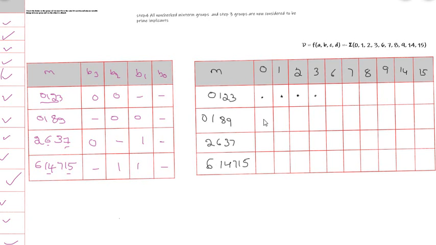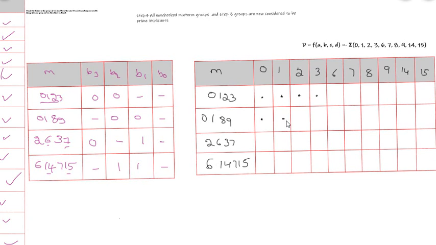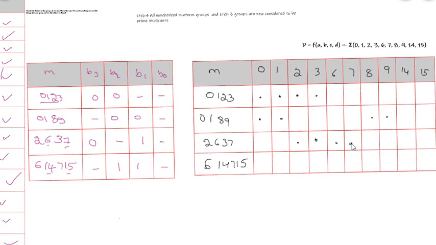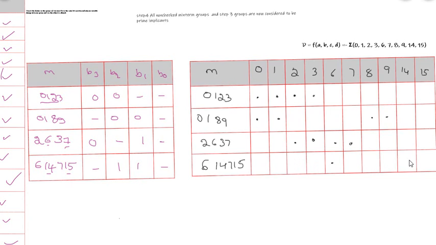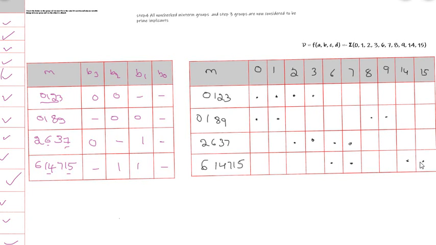For 0, 1, 8, 9, we mark 0, 1, 8, and 9. Next 2, 3, 6, 7 means the 2 column, the 3 column, the 6 column and the 7 column. Again 6, 14, 7, 15: so 6, this one is 14, then we have 7, then we have 15. This is how we mark according to our grouping with the columns.